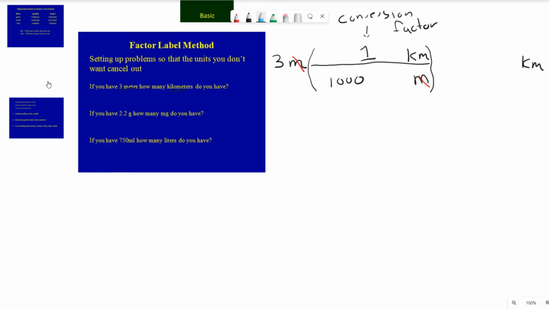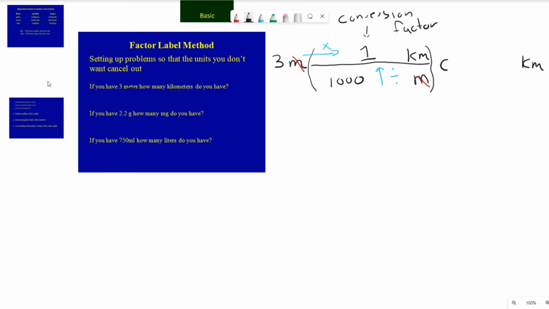And now what you do in the factor label method is you just multiply across and then you divide up, in that order. So the first thing that we're going to do is take 3 times 1. 3 times 1 is 3. And then we're going to divide 3 by 1,000.